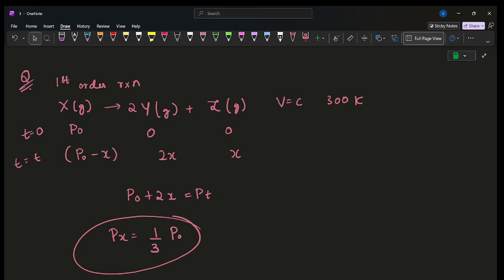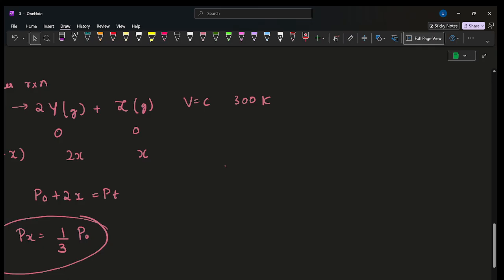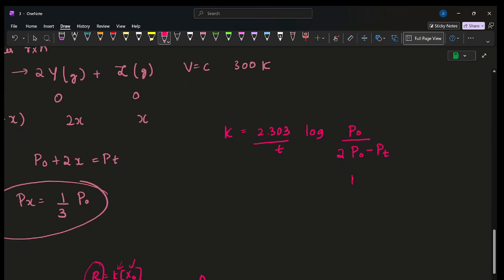But then, yeah, they're actually putting it in an equation, which is, oh, yeah, I do have K. K is equal to 2.303 by t log P initial, and I think this is 2P naught minus Pt. So what is Pt? We have 2P naught, P naught minus 2x.